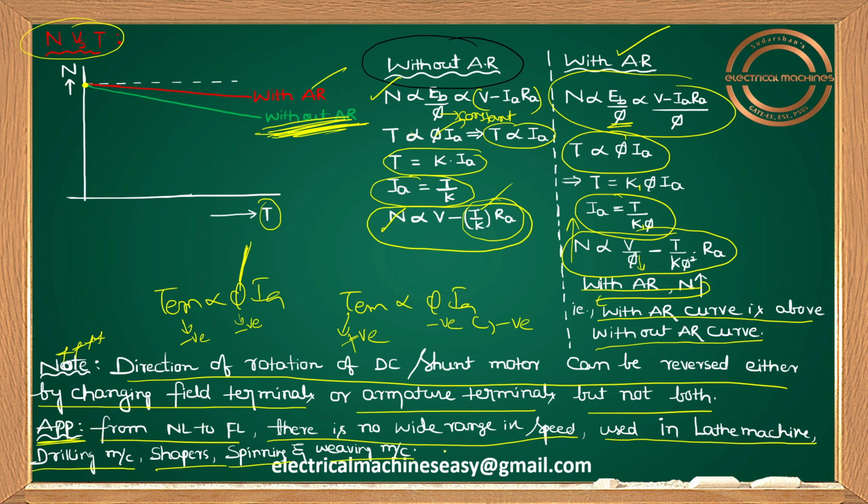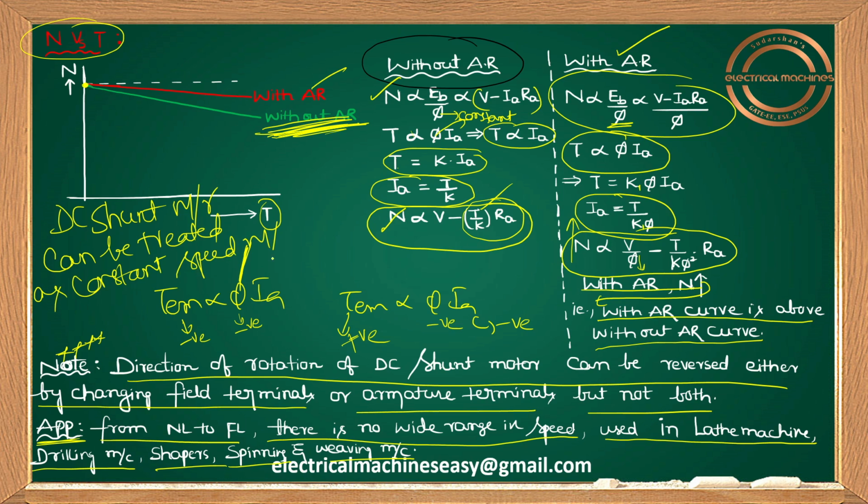To be frank, I can write that a DC shunt motor can be treated as a constant speed motor. What's the reason for that? Since there is no wide range in speed from no load to full load. That's why I can call the DC shunt motor a constant speed motor.